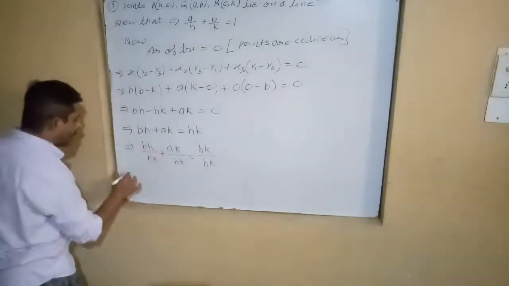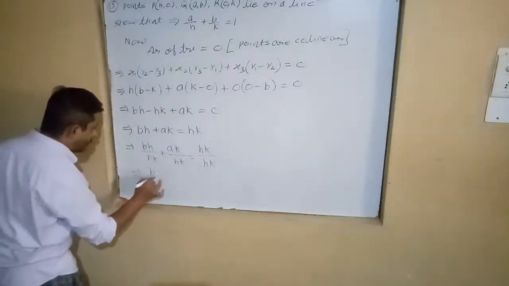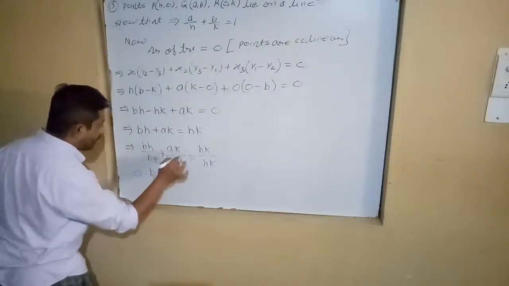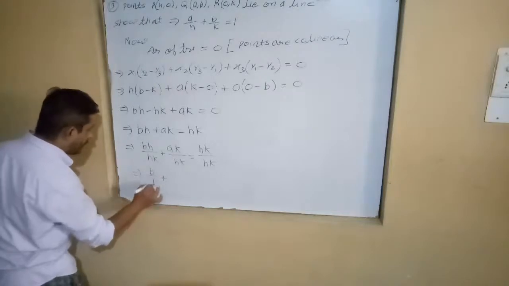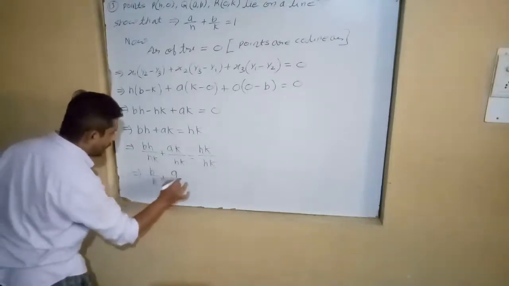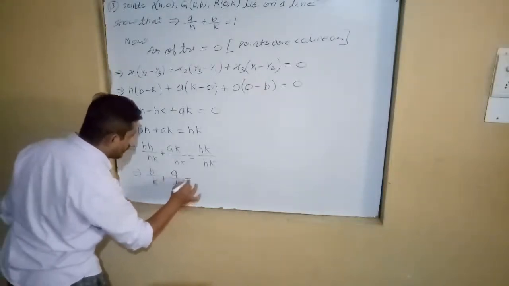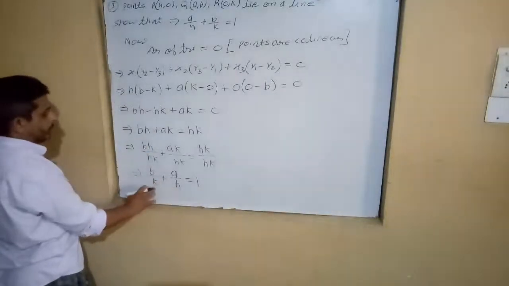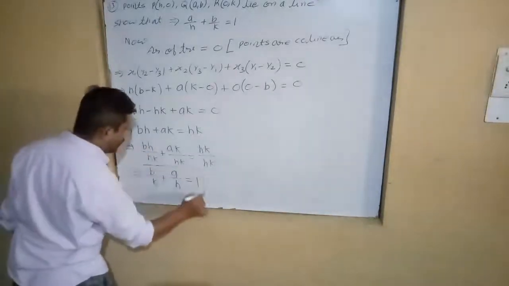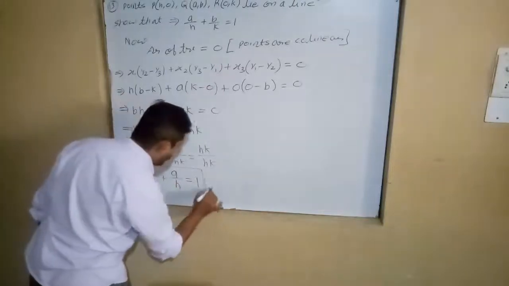So h cuts from h, what is left? b upon k plus a upon h is equal to 1. a upon h plus b upon k is equal to 1. This is proved.